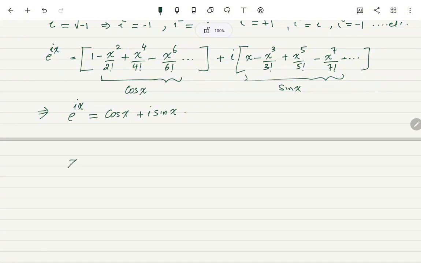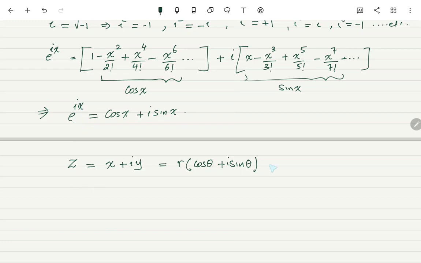Therefore, z equals x plus iy, and this is the Cartesian representation of the complex number, equal to r times cosine theta plus i sine theta, and we use here x equals r cosine theta, y equals r sine theta, and we just define that cosine theta plus i sine theta is equal to e to the i theta.